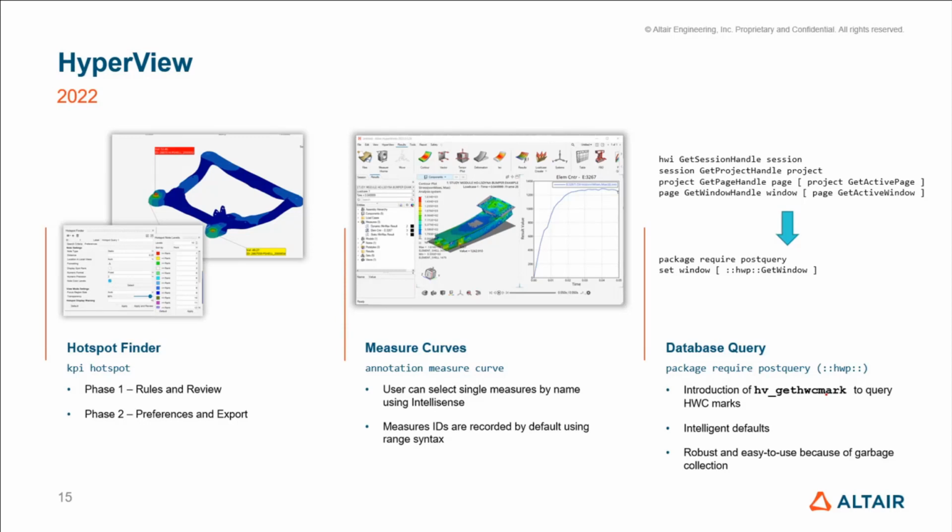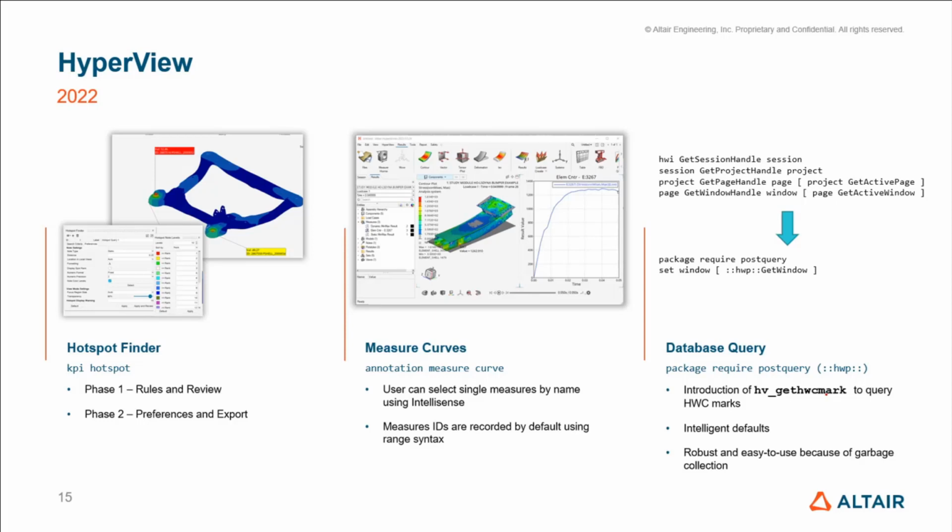Maybe just to highlight this at this moment, all the lines of code that you work with in the command recording and playback, you can use in your TCL script as well. All you need to do is put the keyword HWC in front of it, and you can execute all these directly in a TCL script.